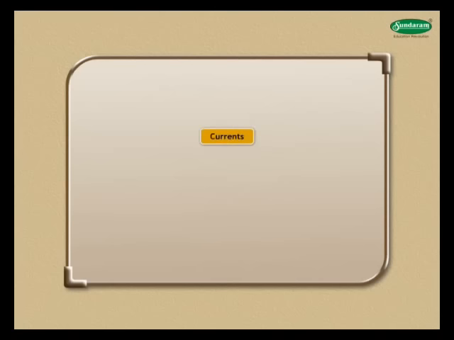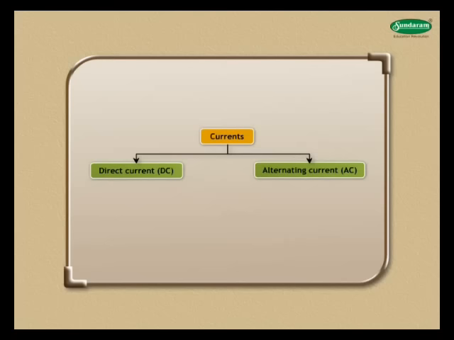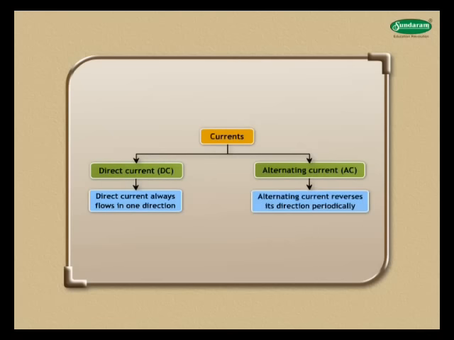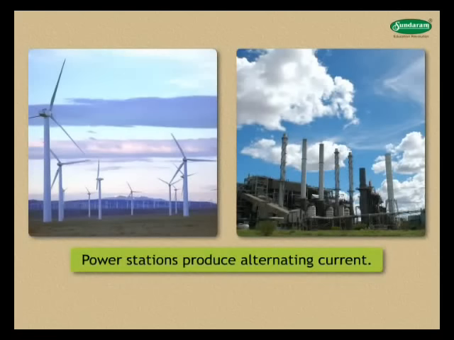What is meant by direct and alternating current? There are two types of currents. One, direct current, DC, and two, alternating current, AC. Direct current always flows in one direction, and alternating current reverses its direction periodically. Most of the power stations produce alternating current.